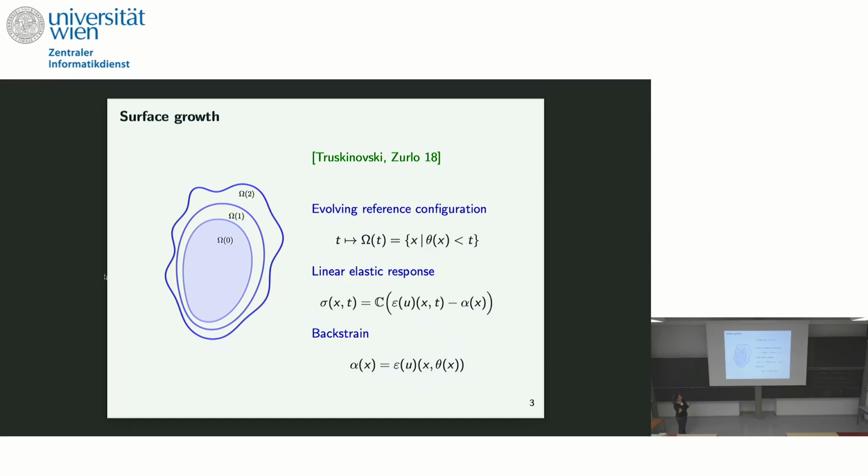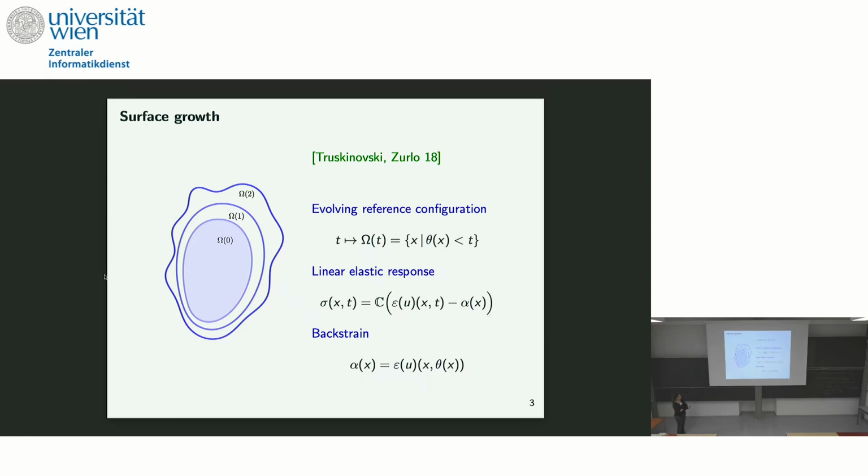And how do you keep track of that? It's through this map theta, which is called the time of addition map, which does the following. For a given point x, theta of x tells you when the point x is added to the evolving, growing configuration.